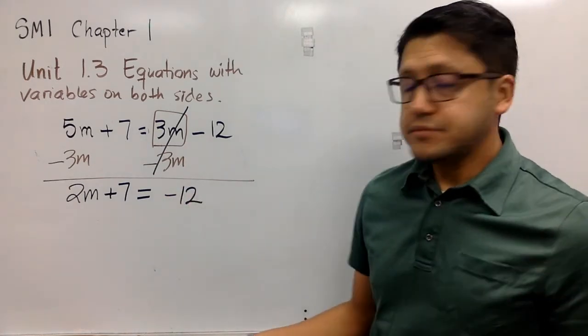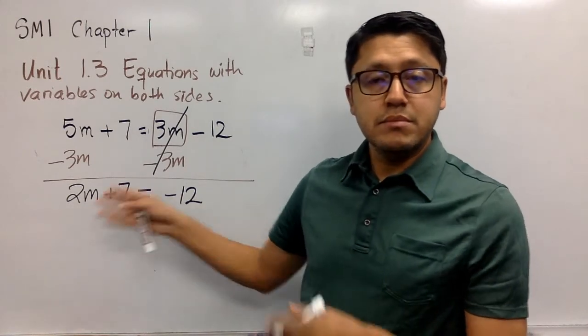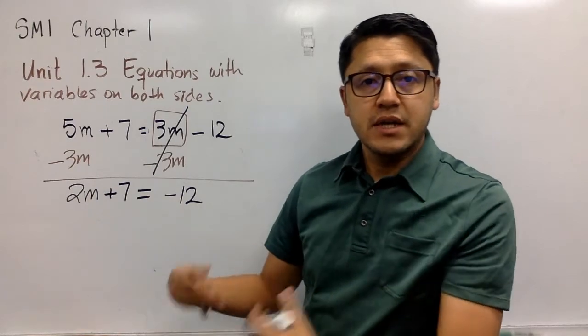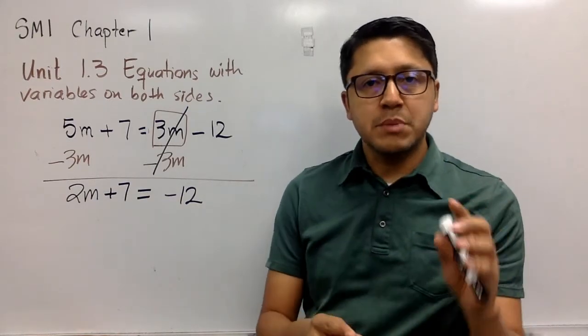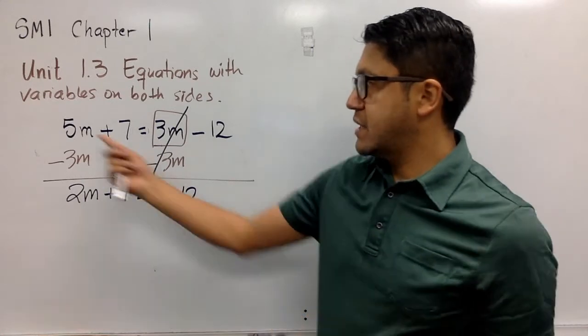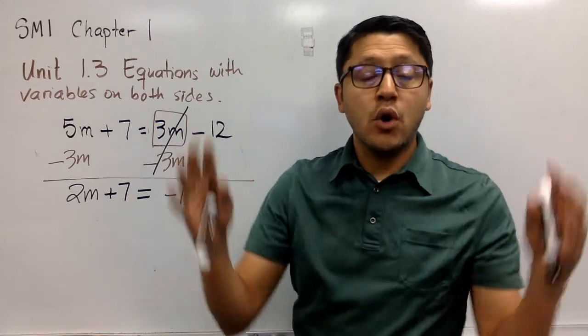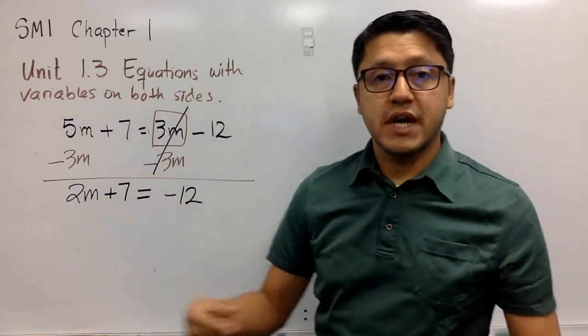And now, as you can see, we could make sure that the variable is just on one side of the equal sign. That's our intention because now there is just one term containing the variable, whereas at the beginning we had two terms containing the variable, and that's all we need to do every time we're working with variables on both sides.